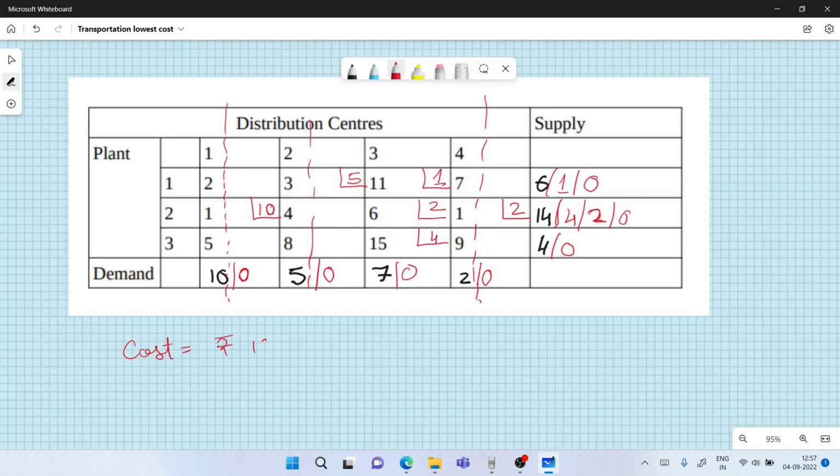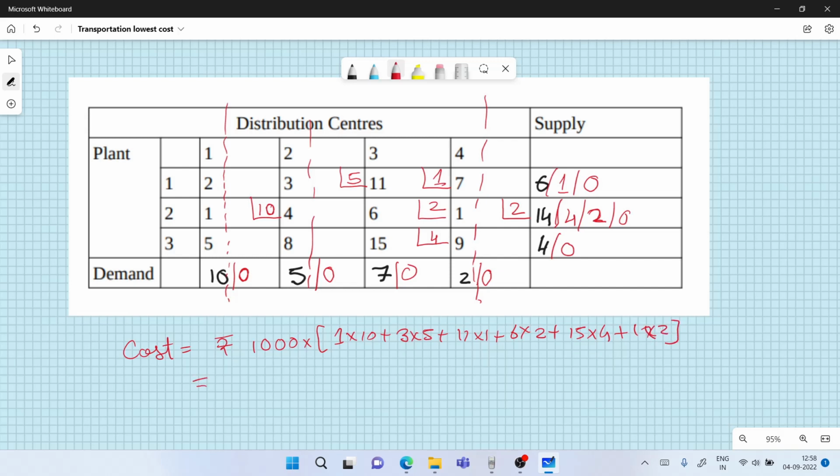rupees 1000 into 1 into 10 plus 3 into 5 plus 11 into 1 plus, what I am doing is just multiplying the cost with the allocation. 6 into 2 plus 15 into 4 plus 1 into 2.